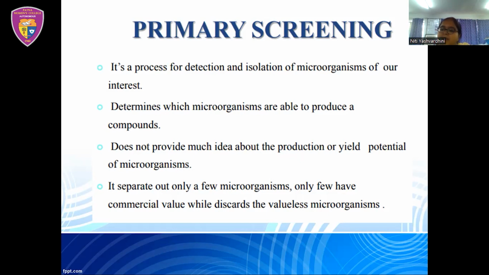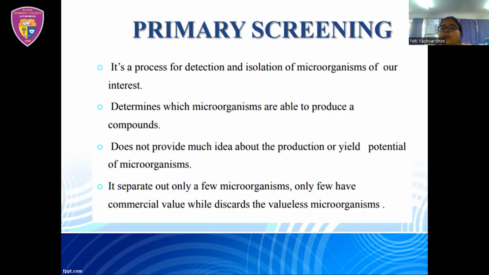In secondary screening, we check the amount of the product produced by the microorganism after the detection. So primary screening is just the detection technique, and secondary screening is the next step to know what product and what amount the desired microorganism is actually producing.